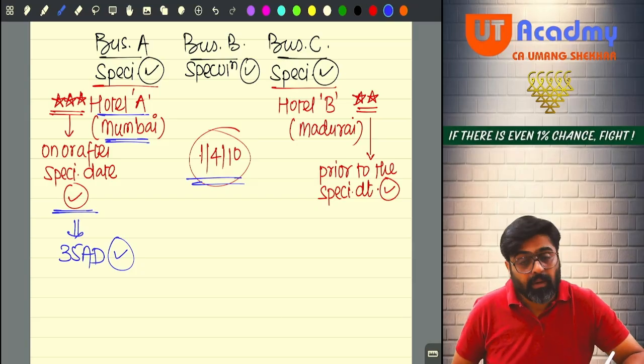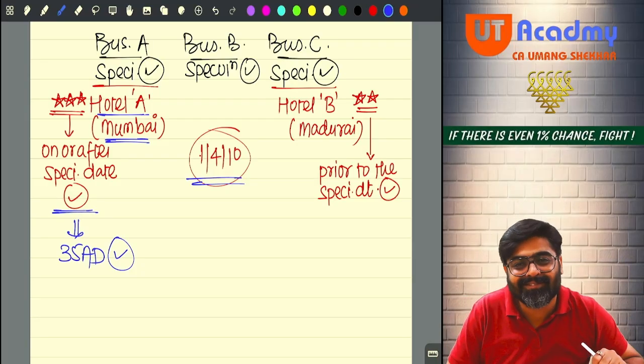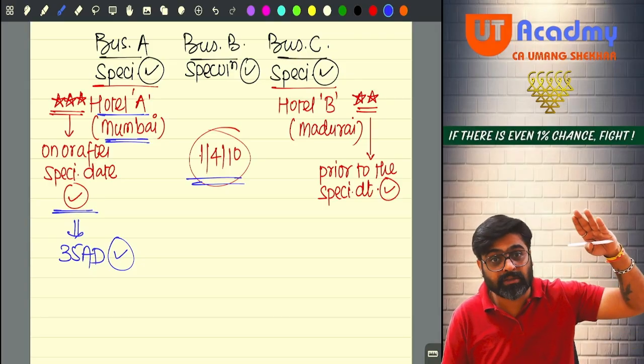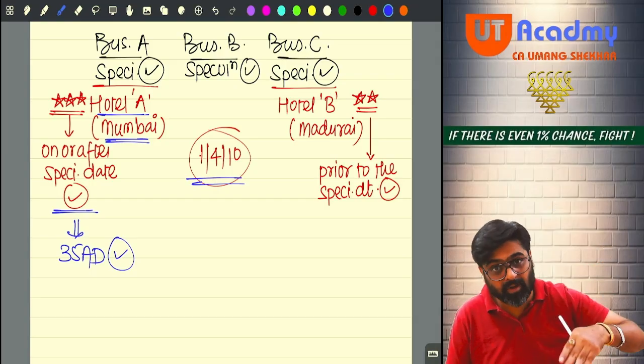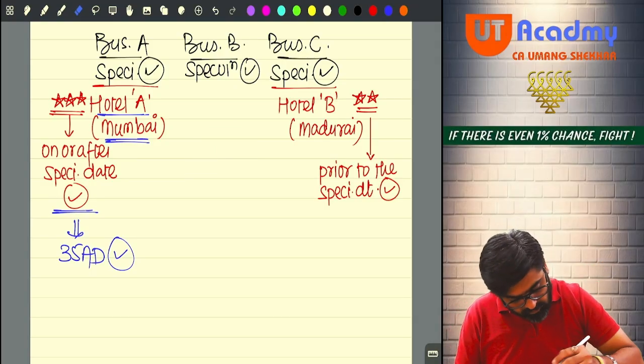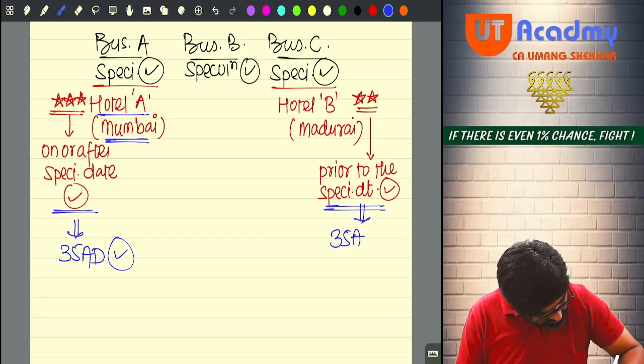Now here, Madurai hotel I started in 2002. Meaning the operations of Madurai hotel started long back, prior to the specified date. Tell me, for this Madurai hotel business, will I be eligible to claim 35 AD deduction?